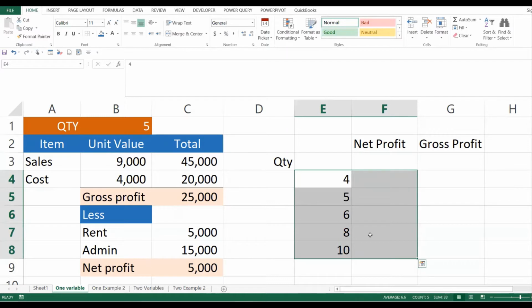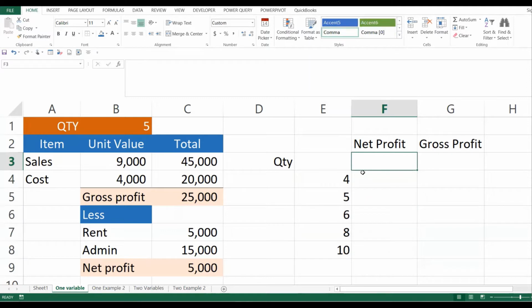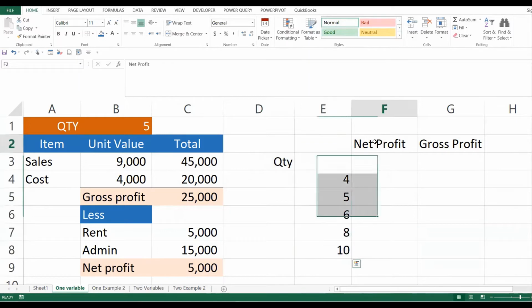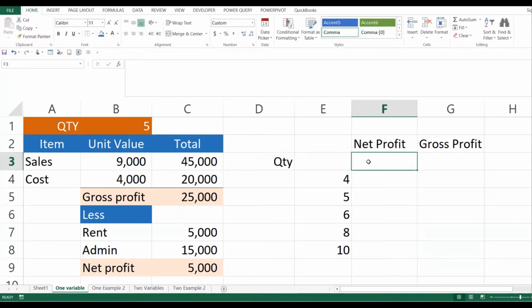So the quick way of doing this is using the what-if analysis, and we are going to use the data tables. So we need to set up our table like this. Our quantities here. Then we have another column for net profit. The first step is to pick this net profit cell and reference it to our net profit cell here, like so.